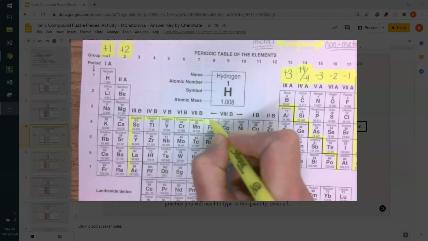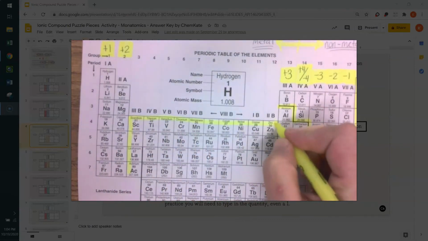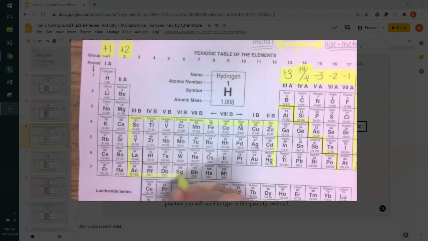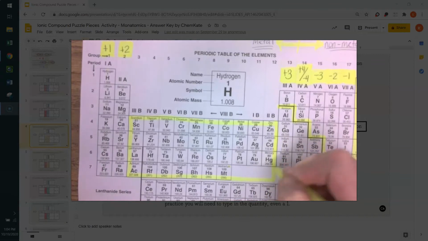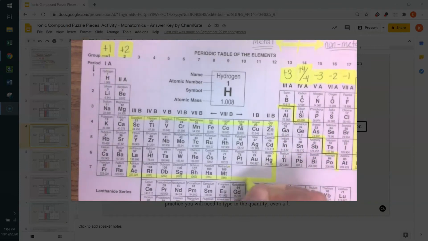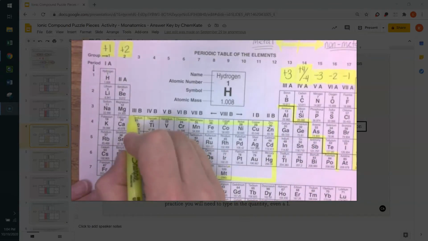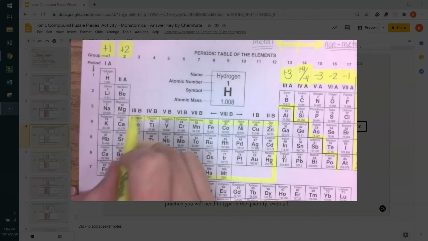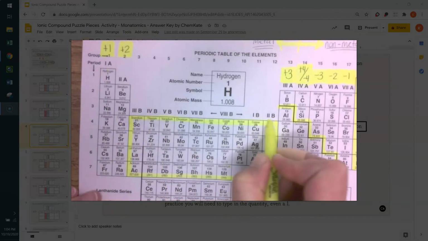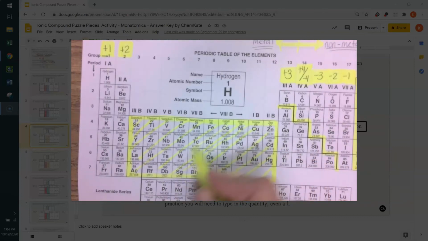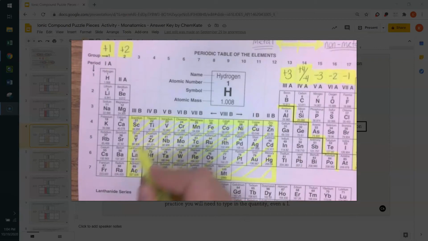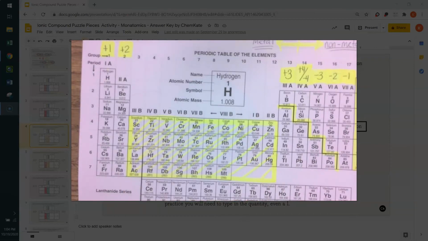They can be +2, +3, +4, and so on, so you have to know which ion of the element you're talking about in order to effectively name it and to write its chemical formula. Okay? So if you are within the transition metals, you will have Roman numerals to represent the type of ion you are using in the formula or in the name.